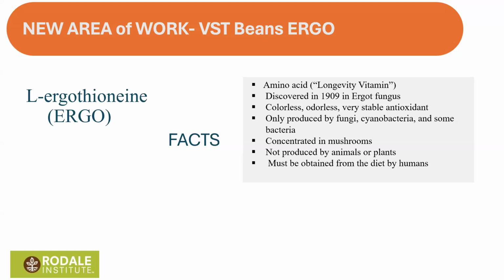It was discovered back in 1909 in an ergot fungus that was grown on rye, a cereal rye. And then the scientists who discovered it found that it is a very stable antioxidant, and it is produced by certain fungi, cyanobacteria, and some bacteria.